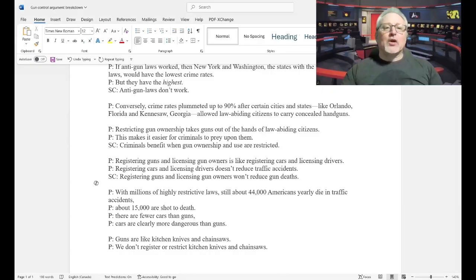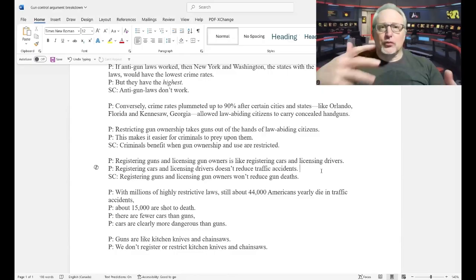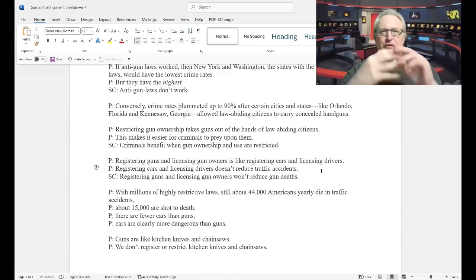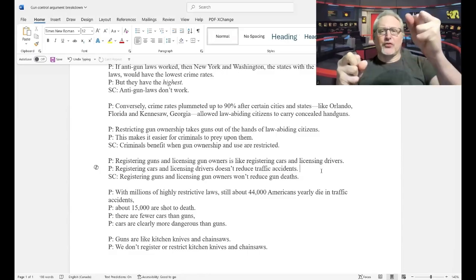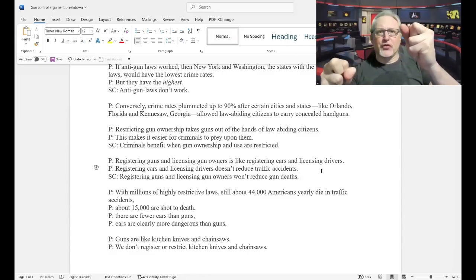Okay, so I wrote registering guns and licensing gun owners won't reduce gun deaths. Do you see how that is equivalent to reducing traffic accidents? This might be a good time to remind you that reconstructing arguments is more of an art than a science when it comes to rephrasing premises and figuring out what this is referring to. Is it referring to this, or is it referring to this?